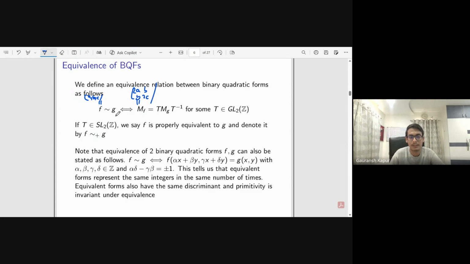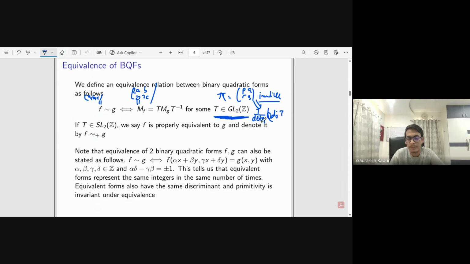We say f is equivalent to g if the matrix of f is similar to the matrix of g via this transformation T in GL2(Z), where GL2(Z) is the set of invertible 2 cross 2 matrices with integer entries. So this is the set of matrices (p, q, r, s), where it is invertible. So as this matrix is invertible and it has integer entries, its inverse is 1 by the determinant of this times the adjoint of this.